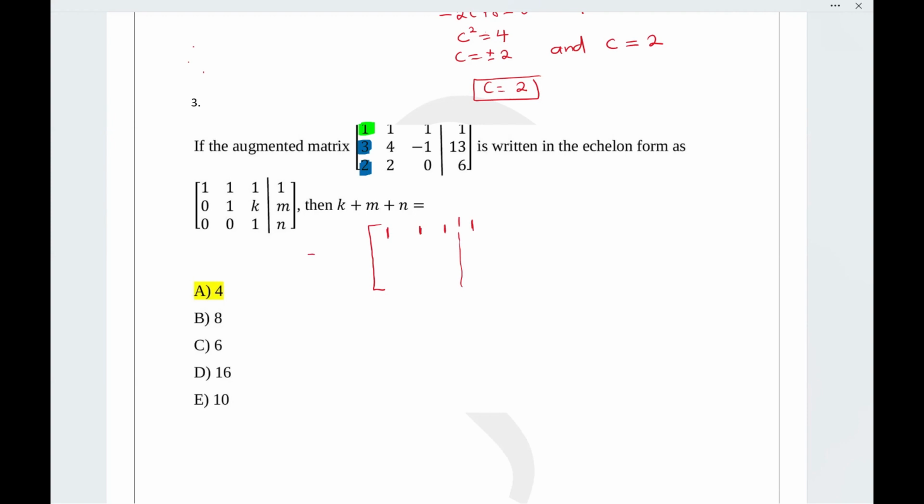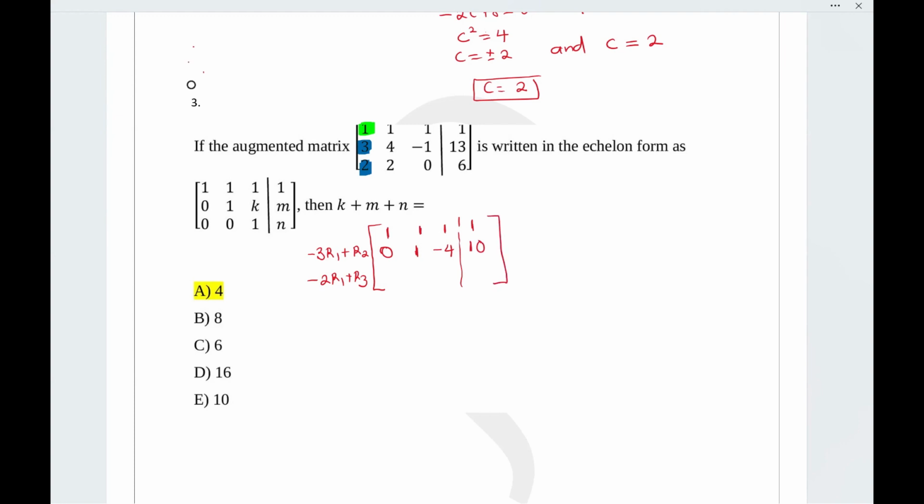If we do that, let's finish with row 2 first. -3 times -1 is 3... -3 times -1 times 1 is -3. -3 plus 4 is going to be 1. -3 times 1 is -3. -3 minus 1 is -4. -3 times 1 is -3. -3 plus 13 is going to be 10.